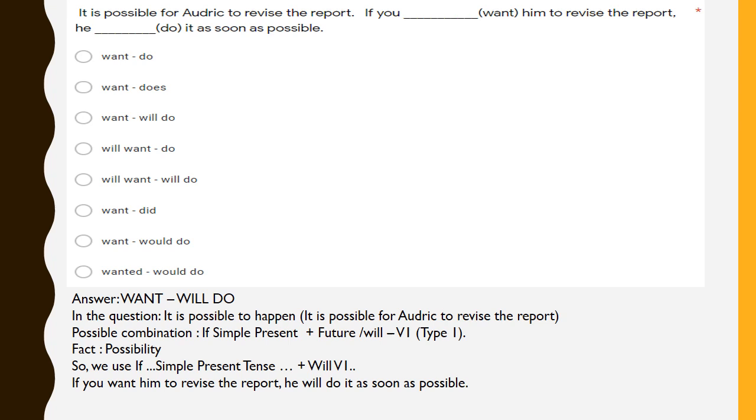So the possible combination is if simple present combined with future or will verb 1, or type 1, because the fact is a possibility. So we use if simple present tense combined with will verb 1. If you want him to revise the report, he will do it as soon as possible.